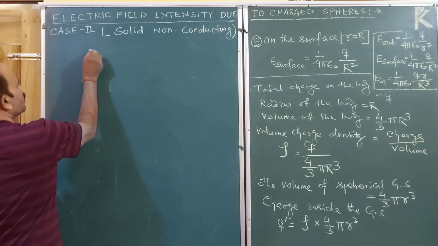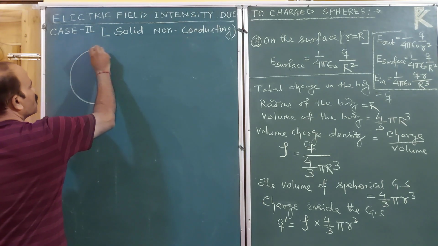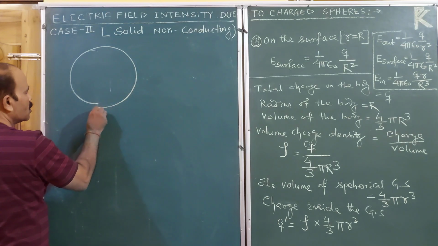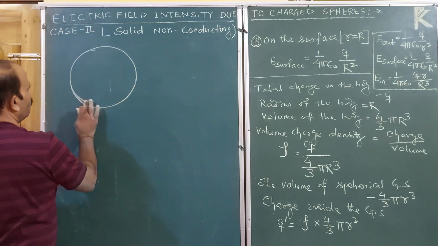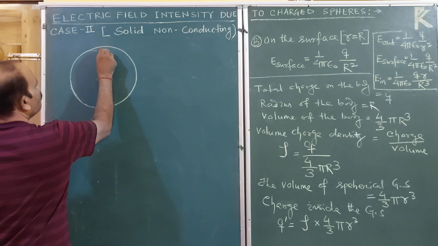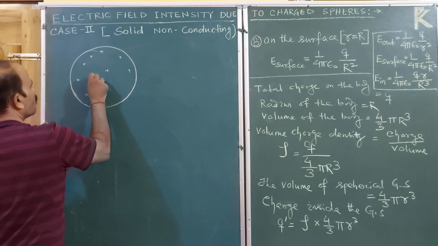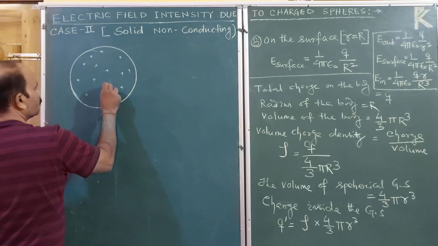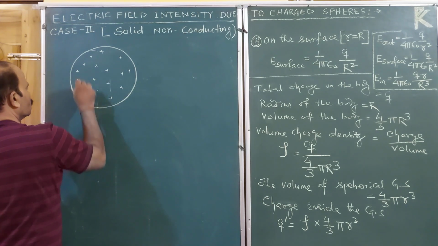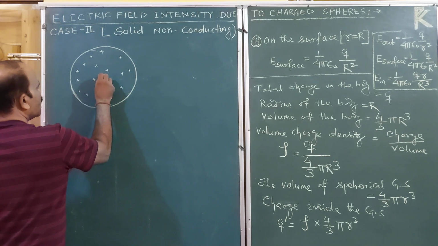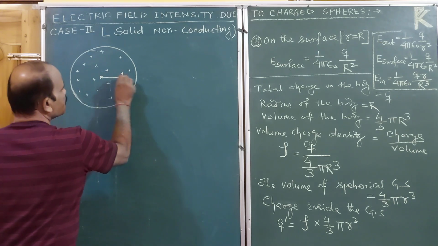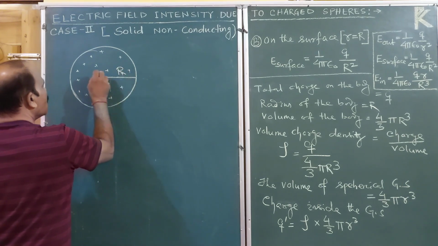So this is my sphere, where charge is uniformly distributed. Let this be the center and this is the radius capital R.